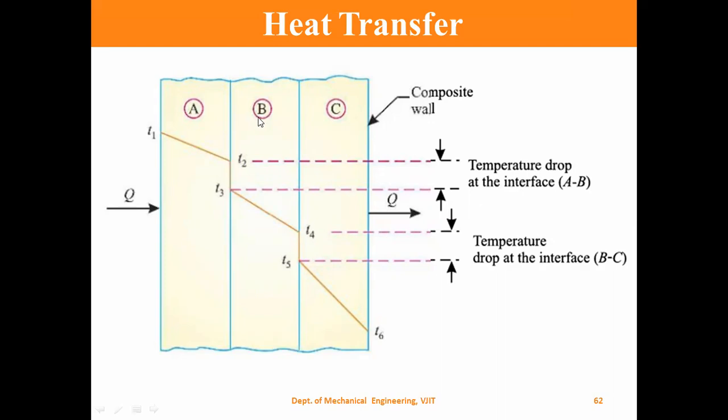Similarly, between slab B and slab C, if they are not perfectly matched, there will be a temperature drop. These factors should be taken into consideration in real systems. Whenever two or three slabs are combined, you should take care of this, otherwise it is going to affect the rate of heat transfer calculations. This temperature drop may be minute, maybe 1, 2 or 3 degrees, but it should be taken into consideration.